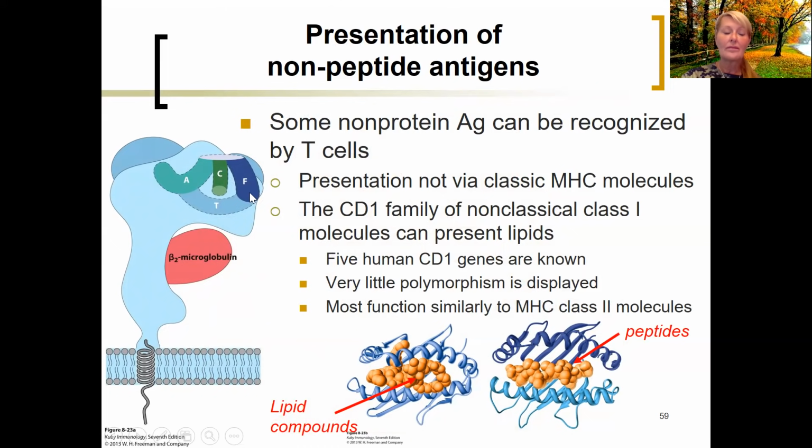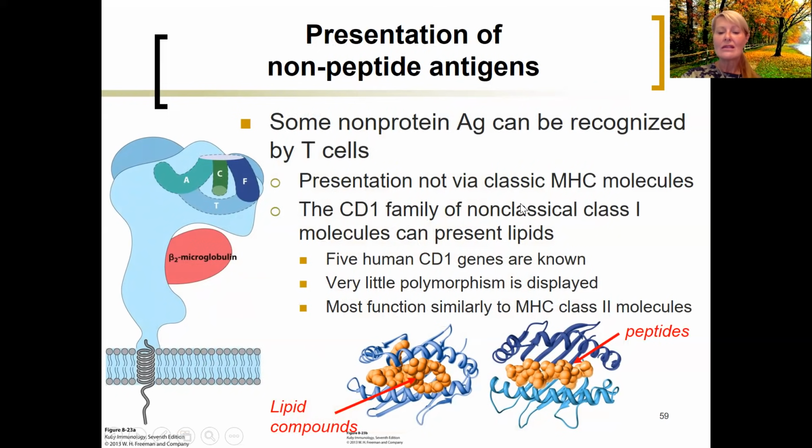And this one here, T, is quite interesting because it's a very deep pocket or tunnel, and it allows highly hydrophobic residues of lipids or carbohydrates to fit into there, nice and snug into that pocket.